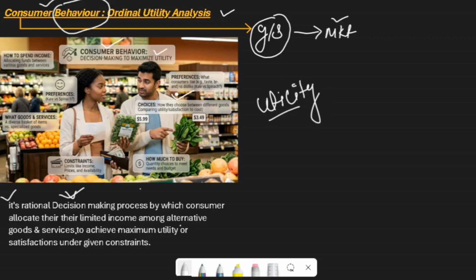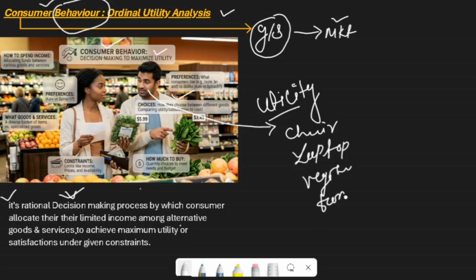Basically, why does the consumer purchase a chair? Why am I using a laptop? Why do we purchase vegetables? Why do we purchase a fan?